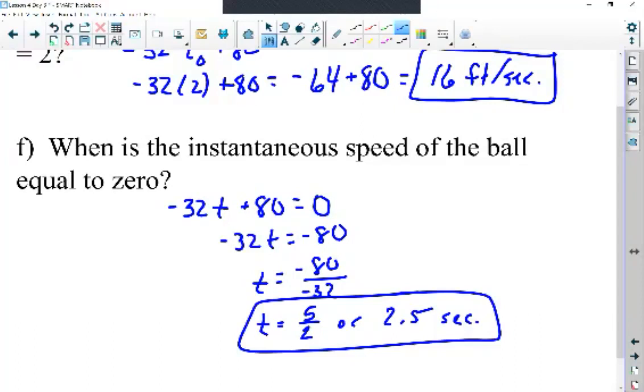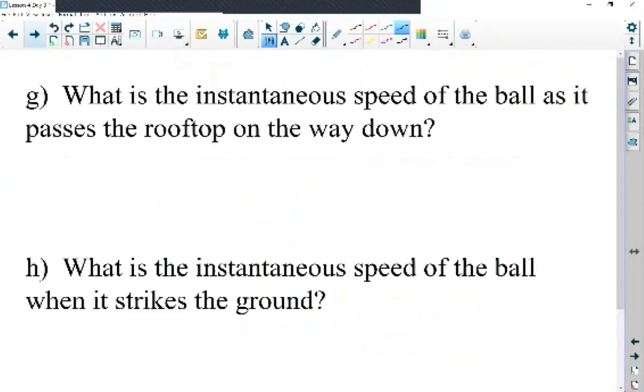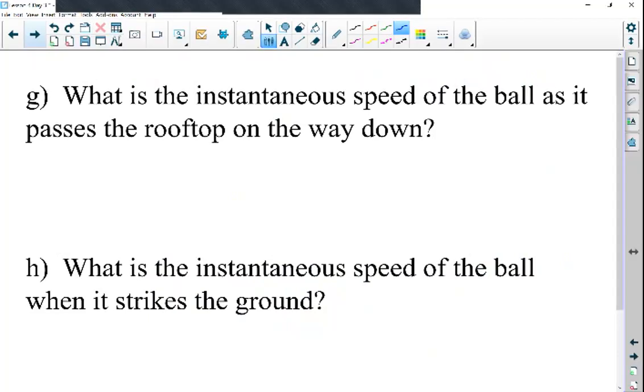Yeah. All right. So the ball, you throw the ball up, it reaches, that's actually where it reaches its maximum height, and it stops for just a split second, and then it starts to fall. All right. What is the instantaneous speed as the ball passes the rooftop? Remember, we said that happens at 5 seconds.